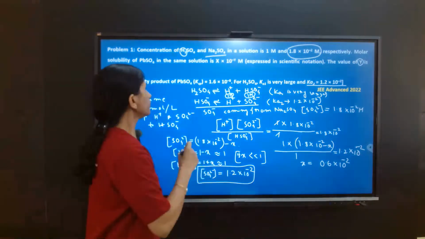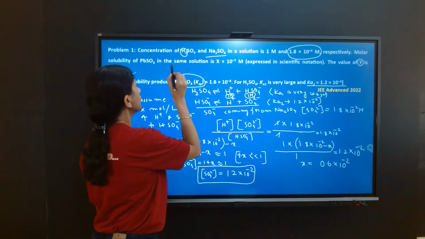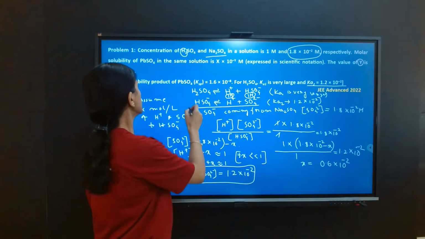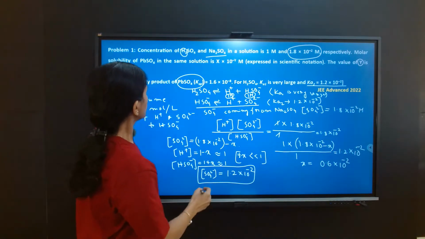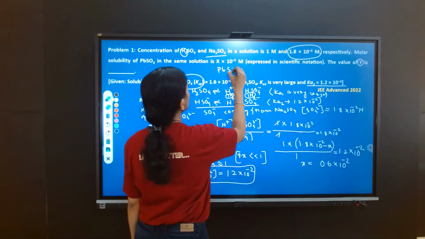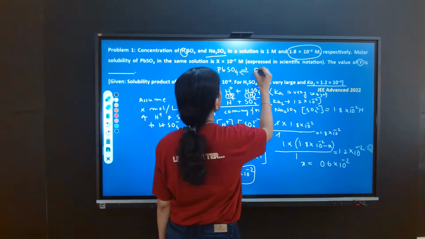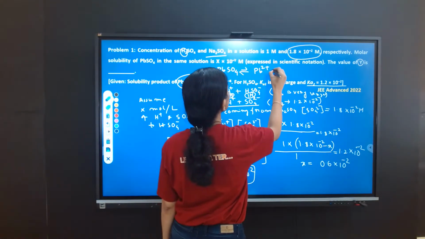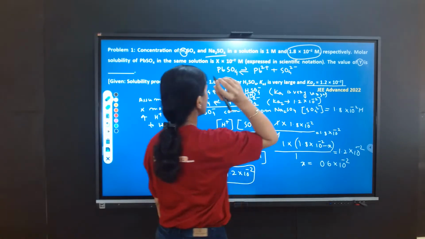Now we will be considering the dissociation of lead sulfate, right? So if you write down the dissociation equation, it will come out as Pb2 plus and SO4 2 minus, right?